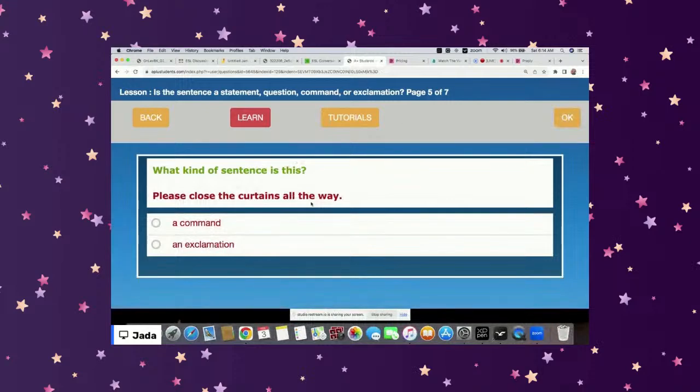Please close the curtains all the way, guys. What's your answer here? Please close the curtains all the way. What's our answer?